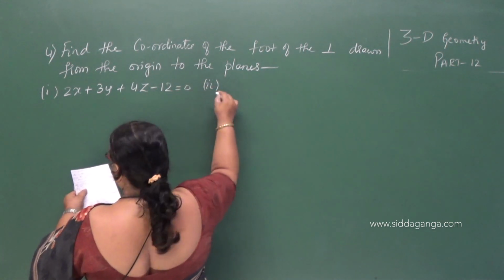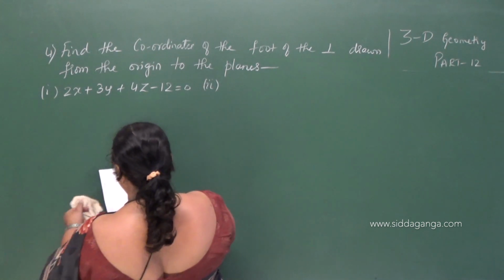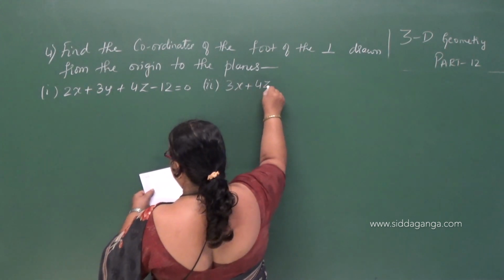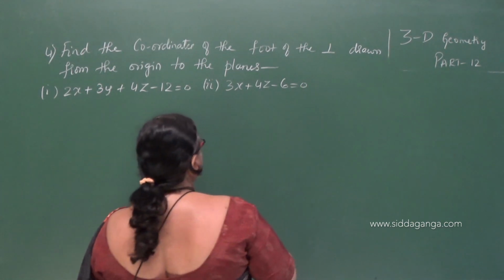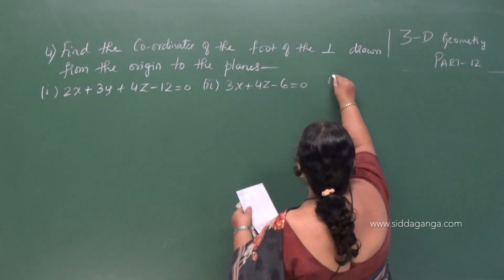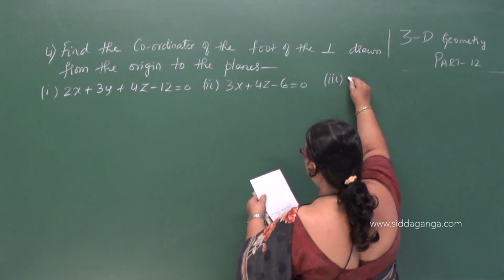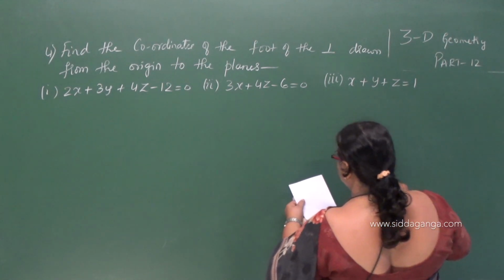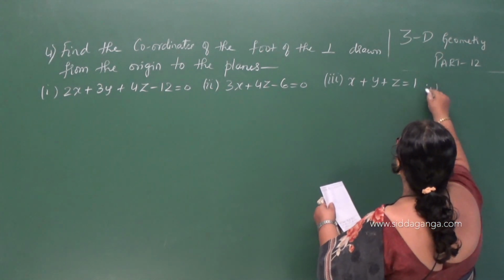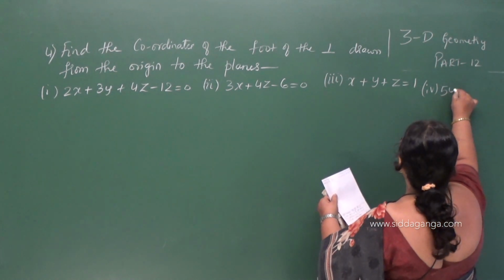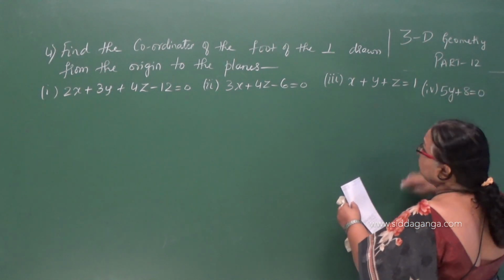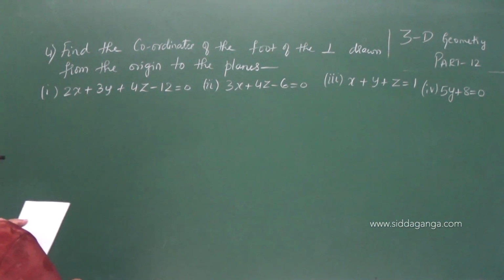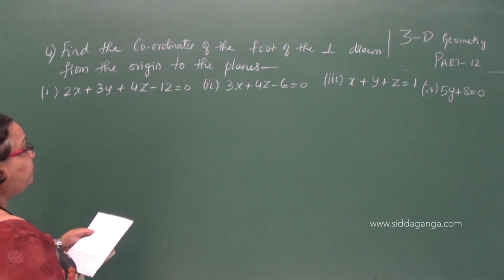The second problem is 3x plus 4z minus 6 equals 0. The third example is x plus y plus z equals 1. And the fourth problem is 5y plus 8 equals 0. I think we have solved the first problem here.